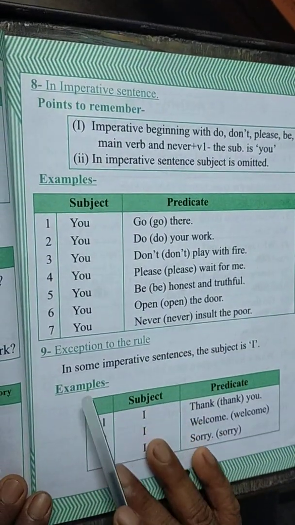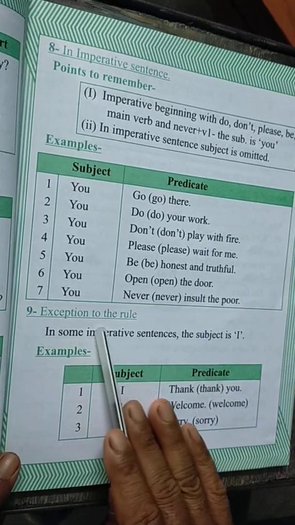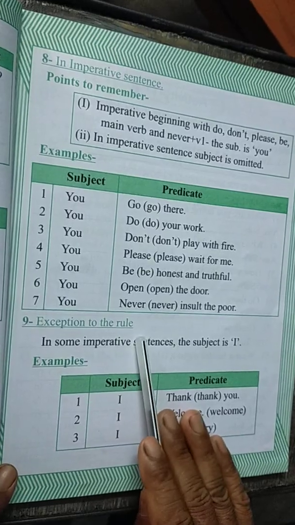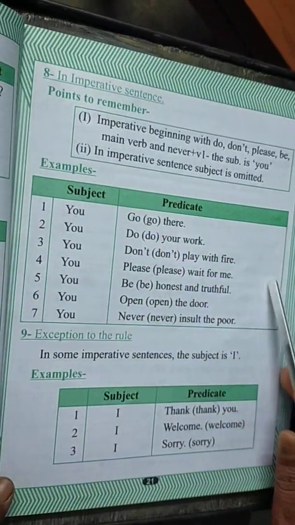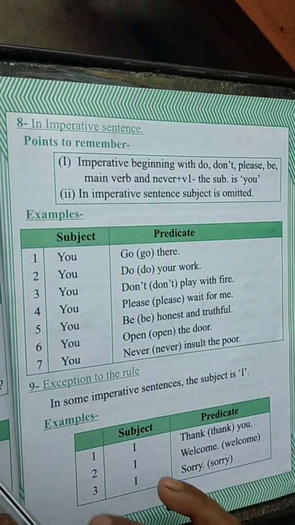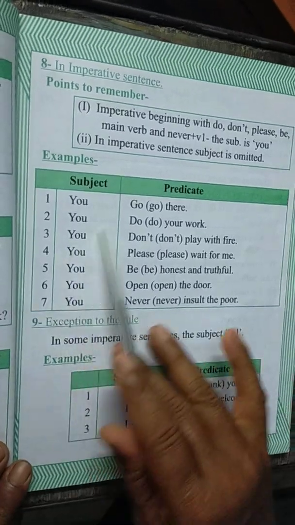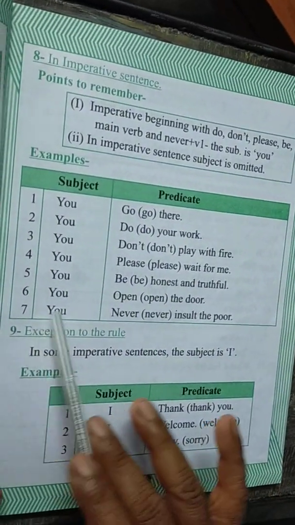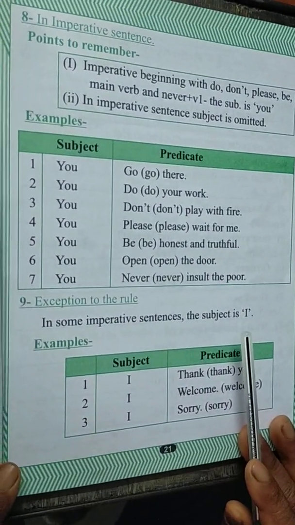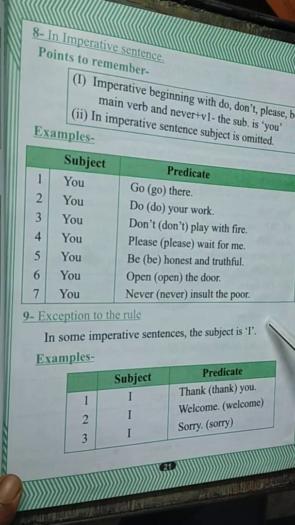Then come to the 9th form, the exception to the rule. So we have completed the 9 rules to know the subject and predicate, and how to find them in the imperative, exclamatory and interrogative sentences.